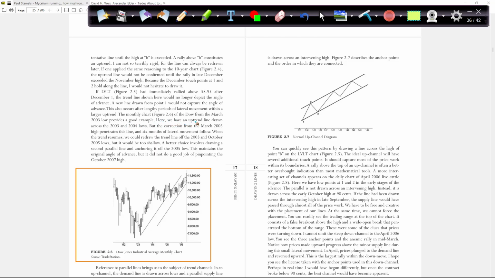Here we have an uptrend line drawn across the 2003 and 2004 lows. So this low in 2003 and this in 2004, we have an uptrend line drawn here, right?